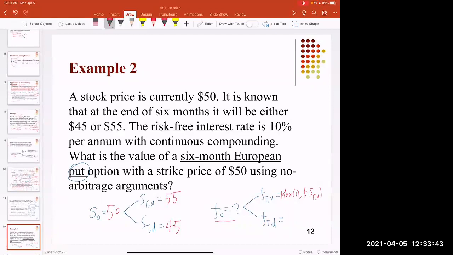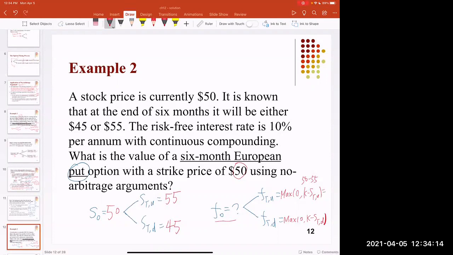It should be on the formula sheet, but you need to know what it is. We do the same thing when the stock price goes down, but with a different stock price. The strike price K is 50. When the stock price goes up, it's 55. So 50 minus 55 and 0, we take the maximum value.